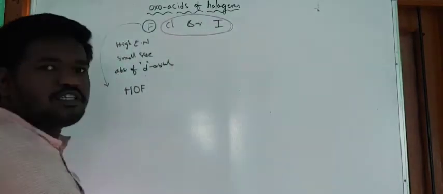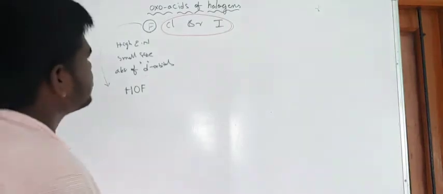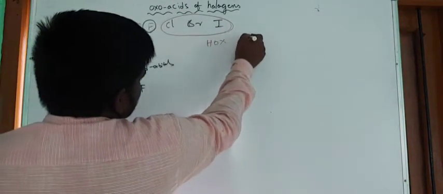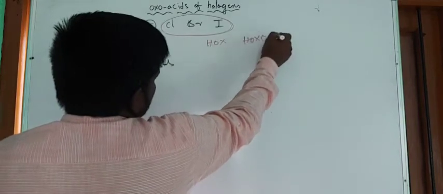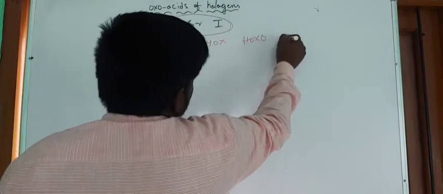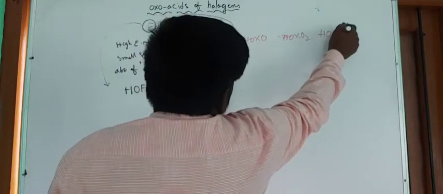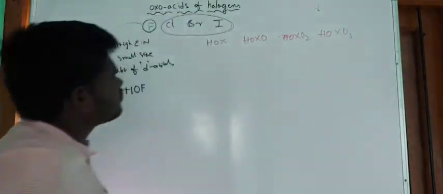So these are able to form a series of oxo acids. These can form different types: HOX type and HOXO type, and next one HOXO2 type and HOXO3 type.